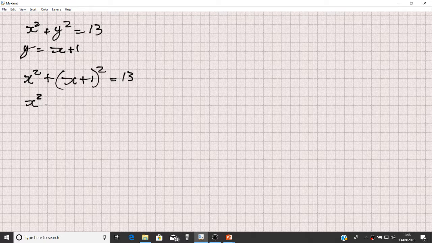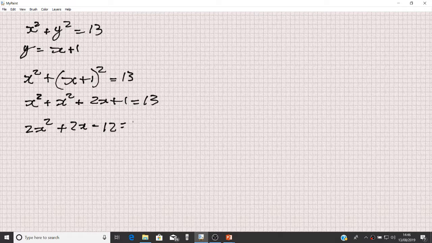So we have x squared plus x squared plus 2x plus 1 equals 13. Bring everything to the left. I've got 2x squared plus 2x. Now I have 1 minus 13, which is minus 12, equals 0.